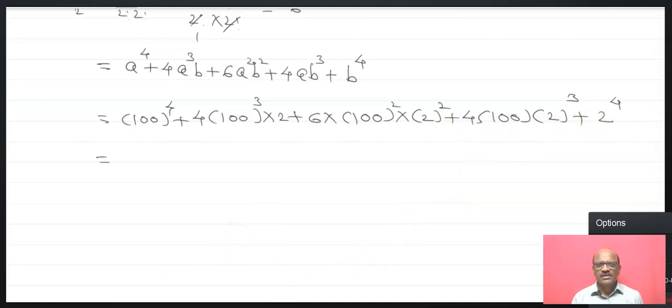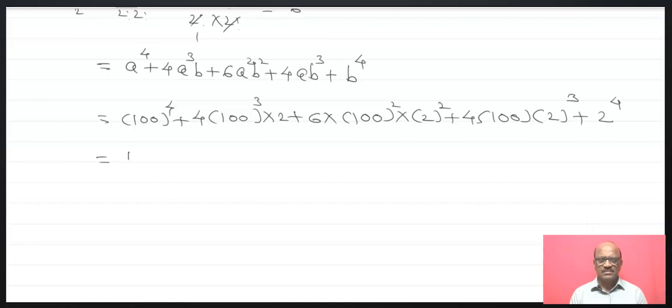Now the calculations are, see these calculations.